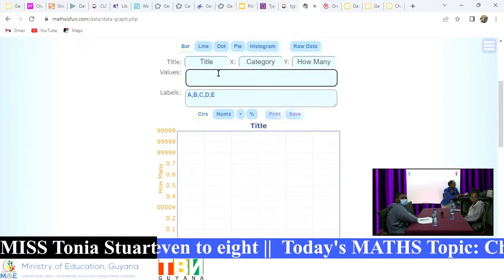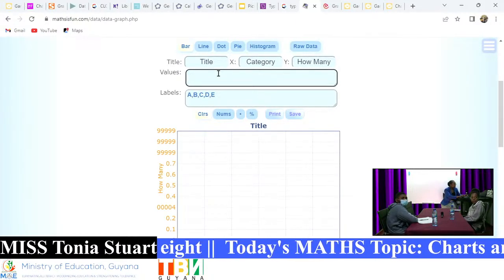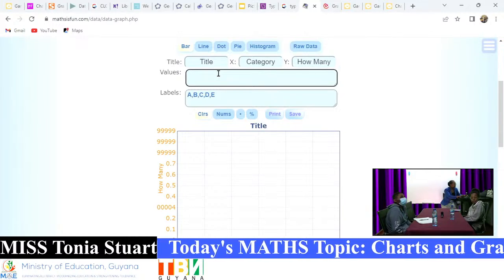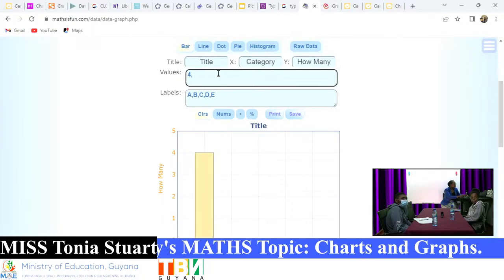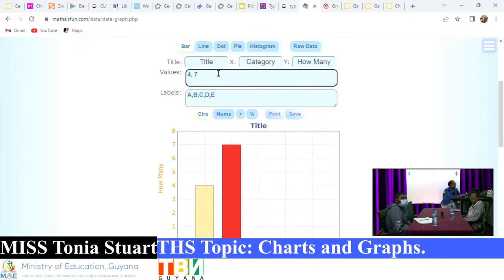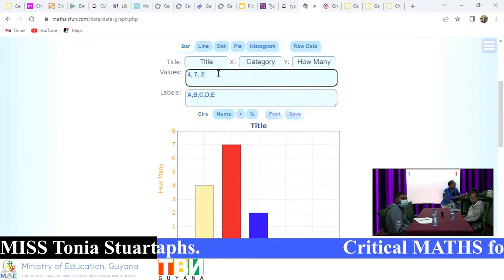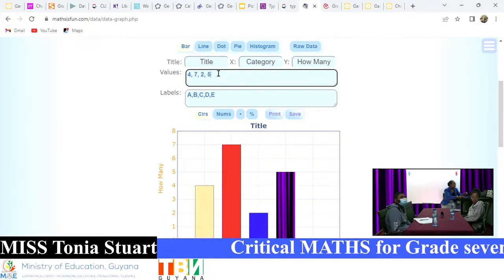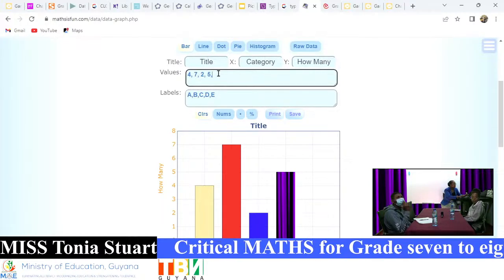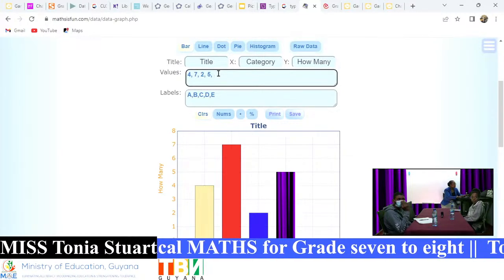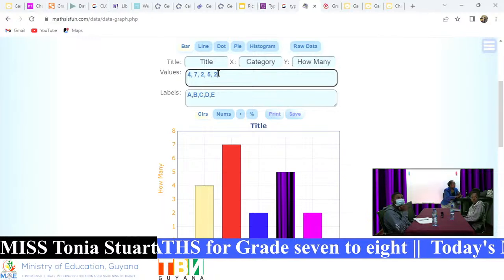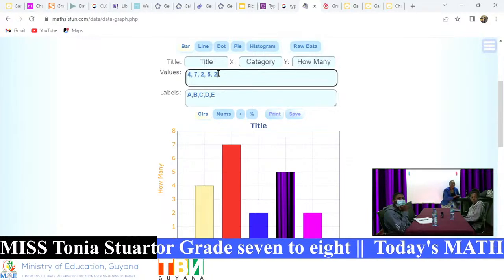So I am creating a bar graph now. Great.